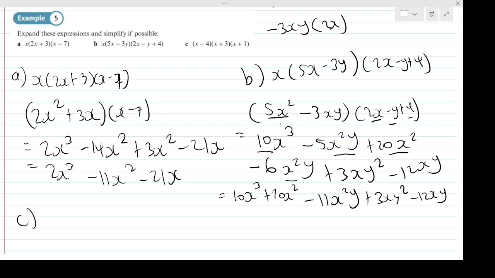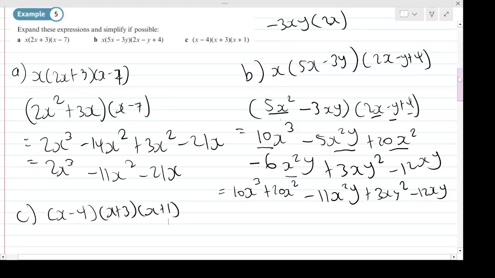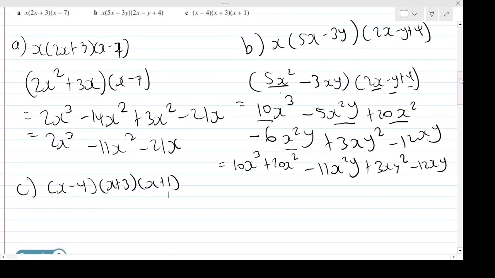And then part C, we have x minus 4, x plus 3, x plus 1. Now, this is actually a GCSE question. However, it's good to practice. And so the strategy again, we focus on the two brackets first. So let's pick the first two. Firstly, x minus 4 times x plus 3.